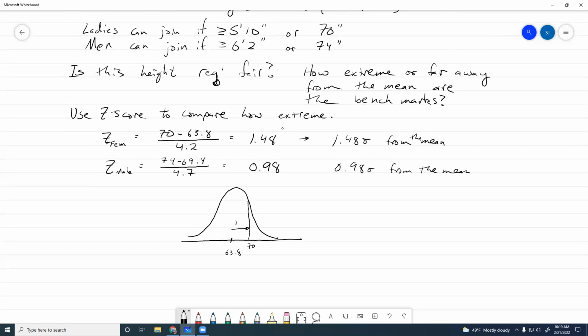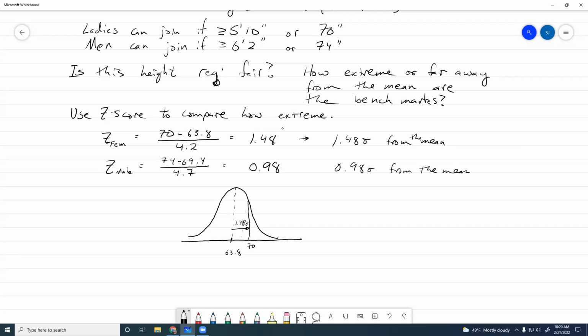And this is 1.48 sigma from that mean. And then the males would be over here, but on a different distribution, because it has a different mean and a different standard deviation. So what do we find? Is it fair? Is it the same?